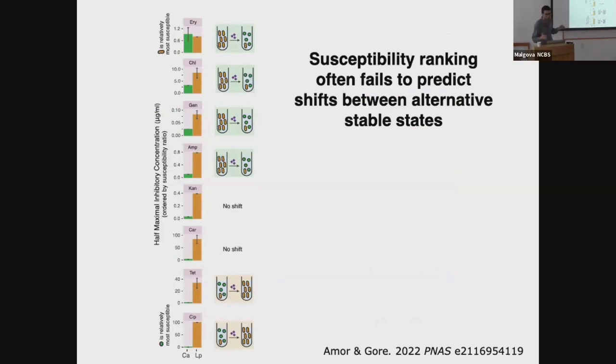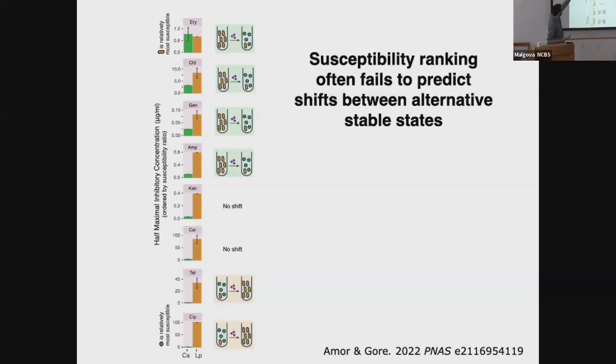We tried 8 different antibiotics with 8 different mechanisms of action. Here we have ordered them by the relative difference, or the ratio, of the susceptibility. So for the first antibiotic, both species are more or less equally susceptible, and for these ones here, the orange one is almost resistant and the other one is very, very susceptible.